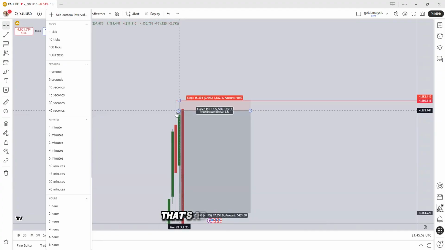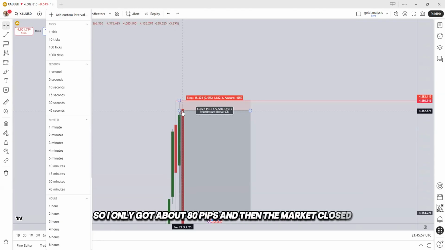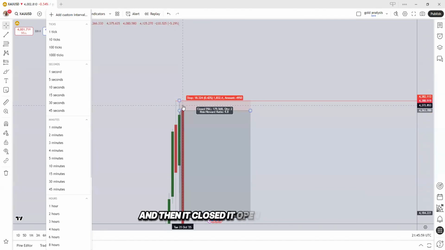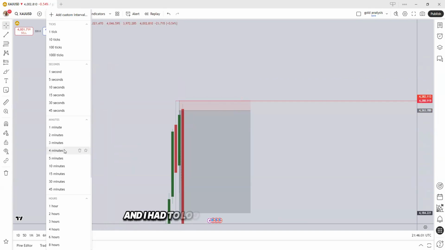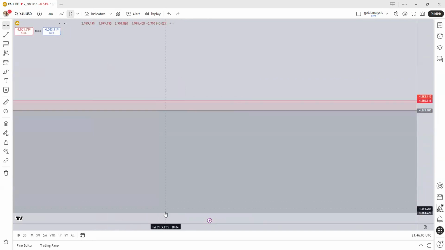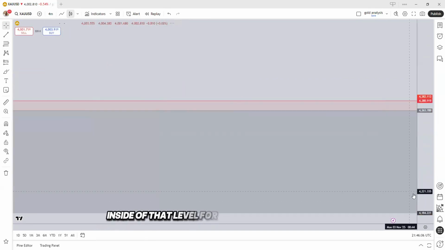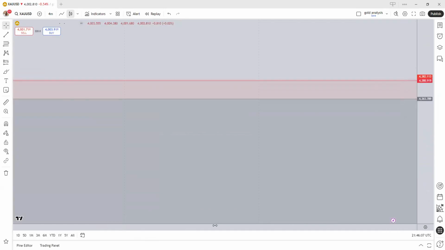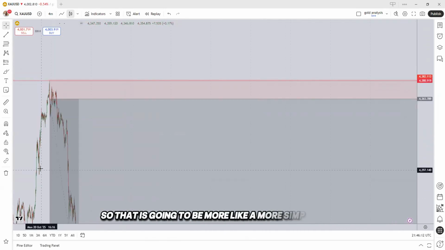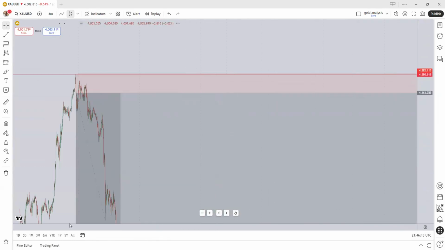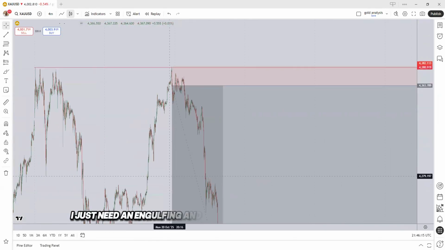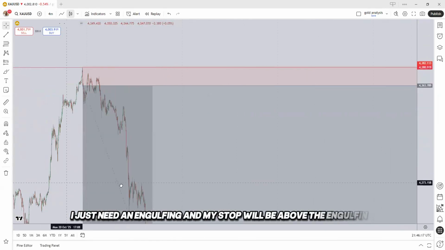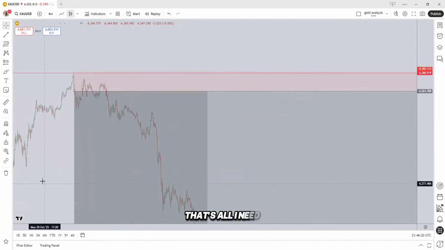Then the market closed and opened up here, and I had to look for an engulfing inside of that level for the day to see if it works. That is a more simple trade. I just need an engulfing, and my stop will be above the engulfing. That's all I need.